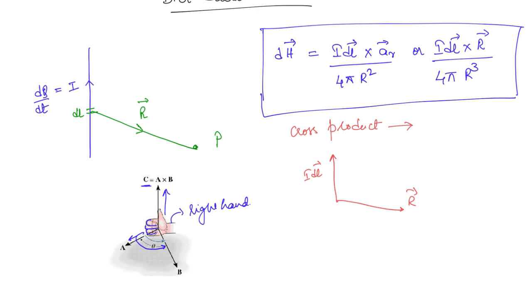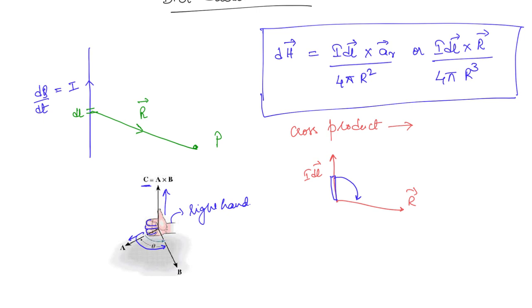Similarly, here you have I dl bar cross r bar. Now you have to put your four fingers along, say this is the top view of your four fingers, and from here you have to wind your right hand in this direction.